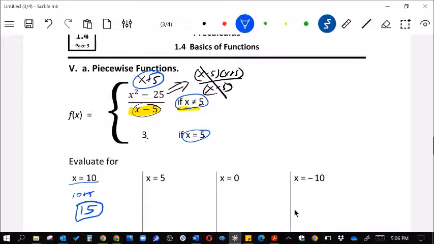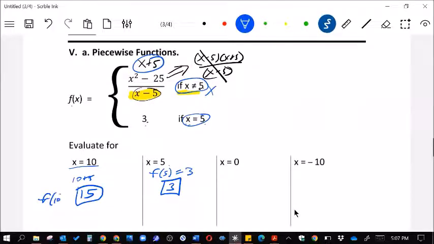I've evaluated for 15. Now I put 5 in. Well, if I'm going to use 5, then I can't use this one. If x is 5, the answer is simply that 3. So the function of 5 is 3. In fact, I'll say the function of 10 is equal to 15.